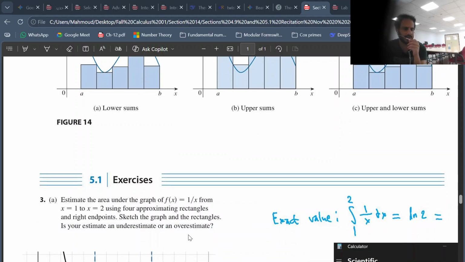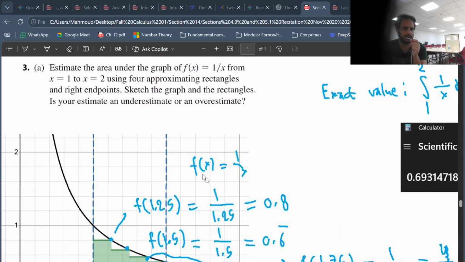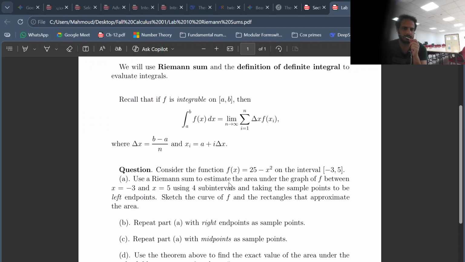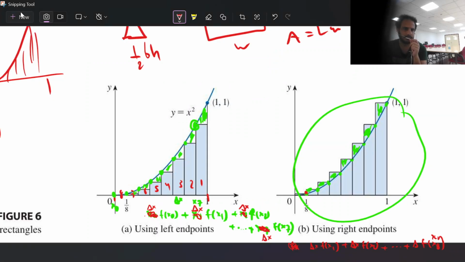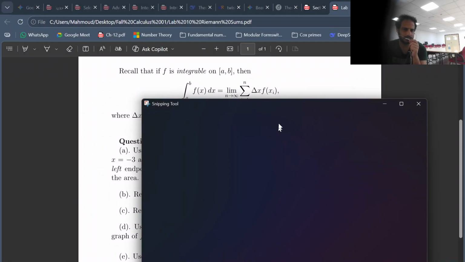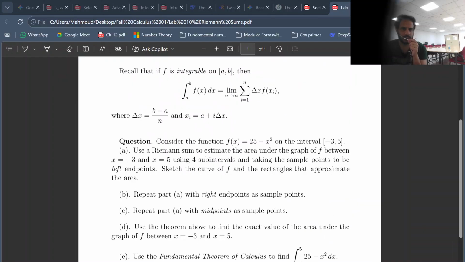Now let's solve this exercise. This one is already solved, so I will solve the one here, okay? We will solve this one now. But let me show you something.